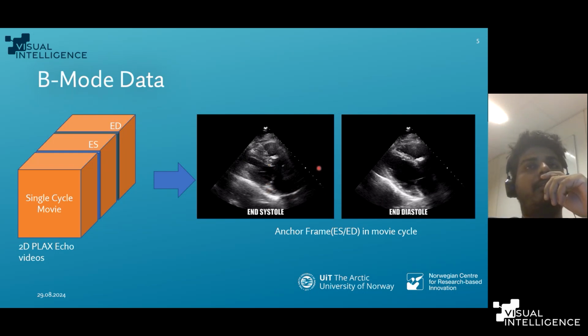In the end systole and end diastole frames, the heart is contracted the most or expanded the most. So these are two frames where we would like to do image analysis and perform measurements of different structures within the heart, and based on that we perform cardiac diagnosis and determine the condition of the human heart.